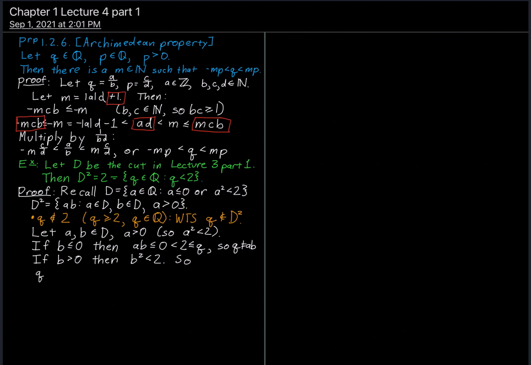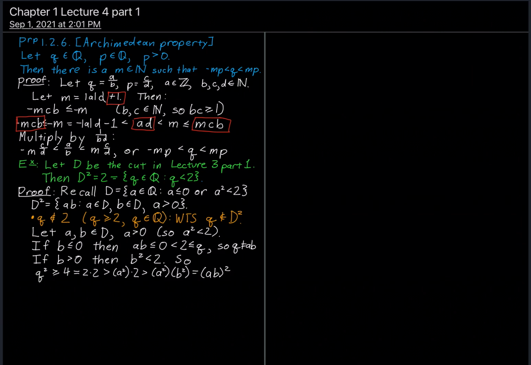So let's write q squared. Q is at least 2, so q squared is at least 4. That's 2 times 2. The first 2 is strictly greater than a squared, and the second 2 is strictly greater than b squared. And then in the rationals, multiplication is commutative and associative.